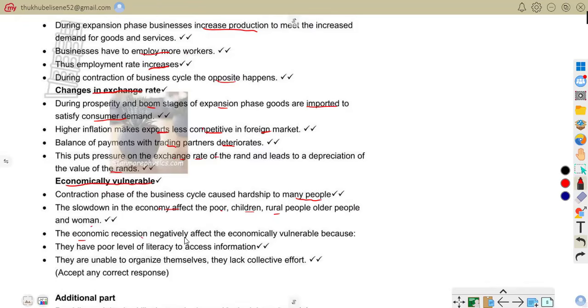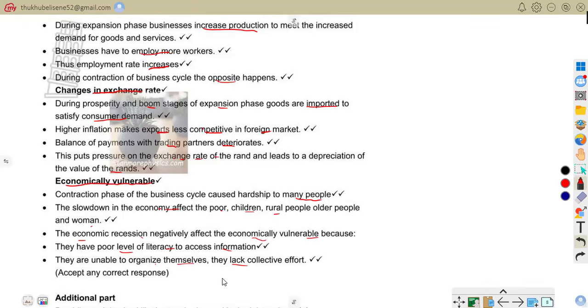They have a low literacy level to access information, are unable to organize themselves, and lack collective effort.